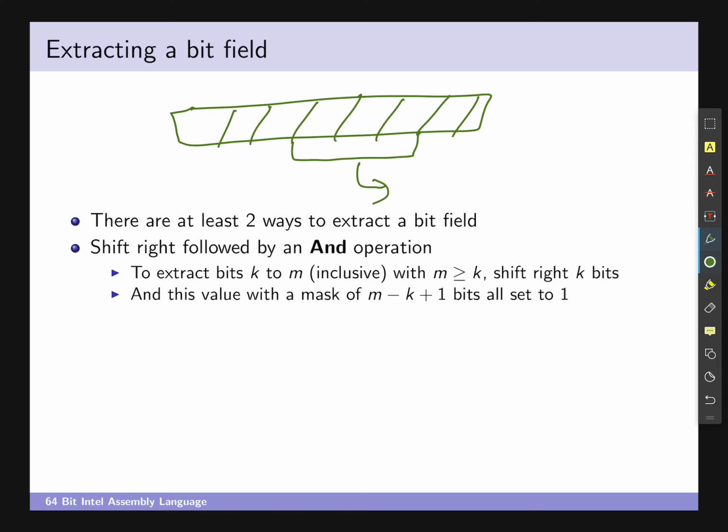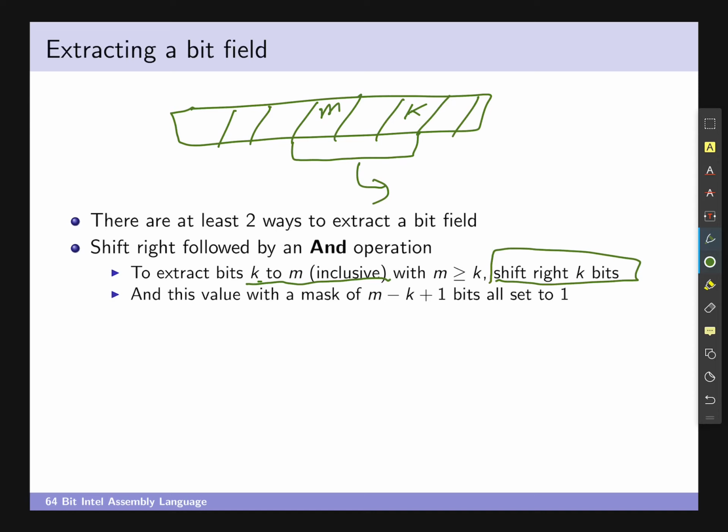This technique that I'm going to go through is for a contiguous chunk of the bit string, and I want to extract bits k to m inclusive. Okay, so basically we would say that's, for example, bit k to bit m. In this case, m is greater or equal to k. And how do we go about doing it? So the first thing that we're going to do is shift right k bits.